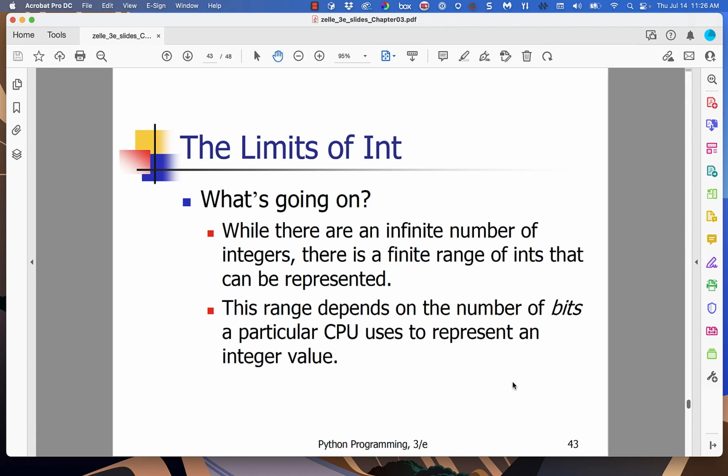How big of an integer they can do math on really has to do with the architecture of the computer. Is it a 16-bit, 32-bit, 64-bit, or 128-bit processor?